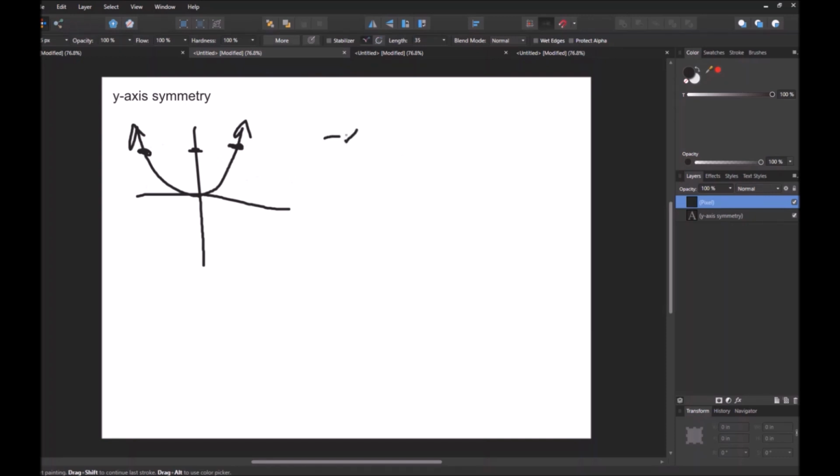So we have negative x times y squared plus 10 equals 0. And don't confuse this as negative x and a negative y or something like that. This is just negative x times a positive y squared.